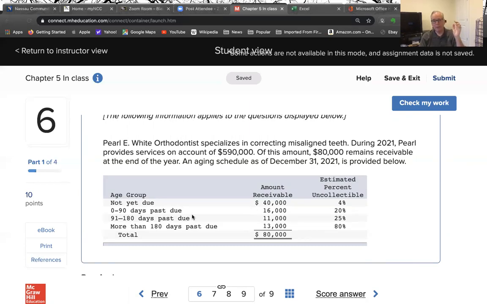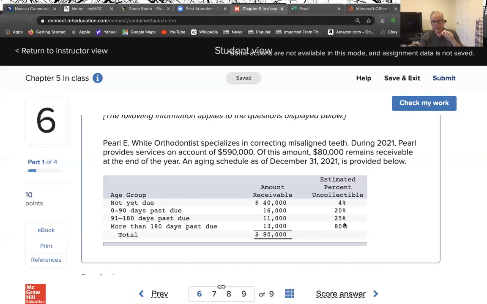So notice how they broke it down here. Not yet due, 0 to 90 days past due, 91 to 180 days past due, more than 180 days past due. And notice how the percent uncollectible goes up. By the time you get to more than 180 days, look, it's 80%. 180 days is 6 months. If someone hasn't paid you in 6 months, I guess it's safe to assume you won't get paid, right?